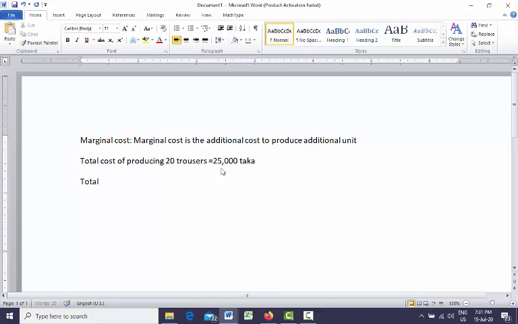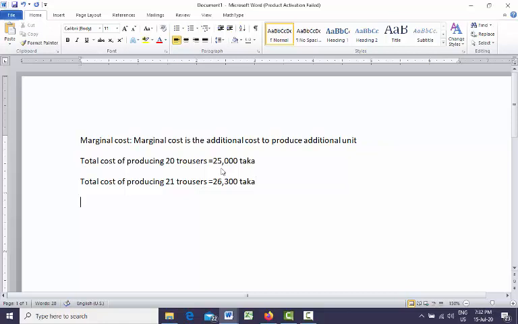Then again, the total cost of producing 21 trousers, same quality, same kind of trouser, suppose this is 26,300 taka.